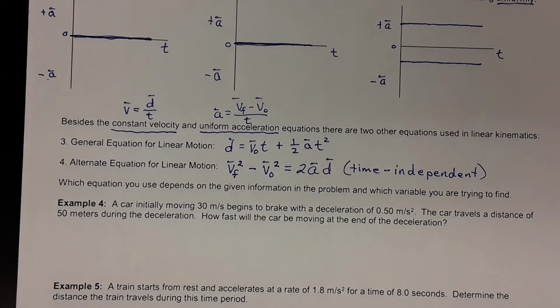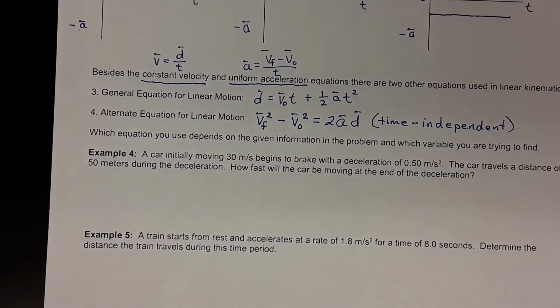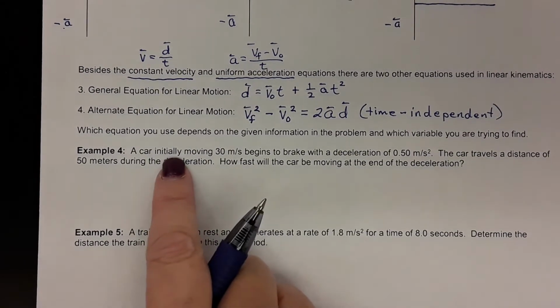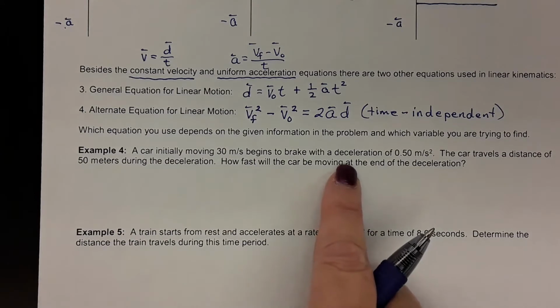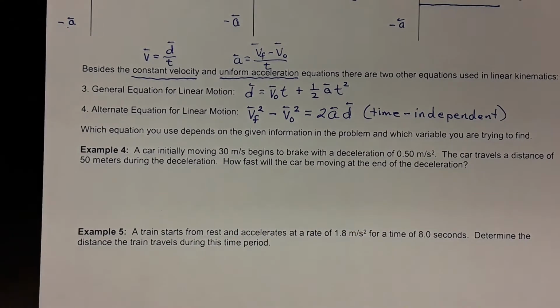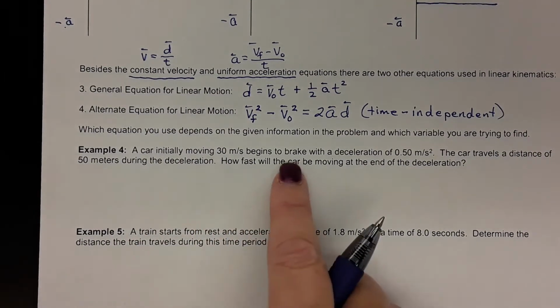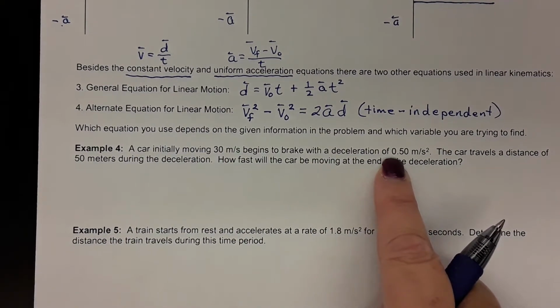So let's look at some examples. The first example I want to look at is a car that's moving 30 meters per second. So we are looking at horizontal motion. I'll speak for a few minutes about vertical motion in a little bit. We have a car moving initially at 30 meters per second, and it begins to decelerate at 0.5 meters per second squared.